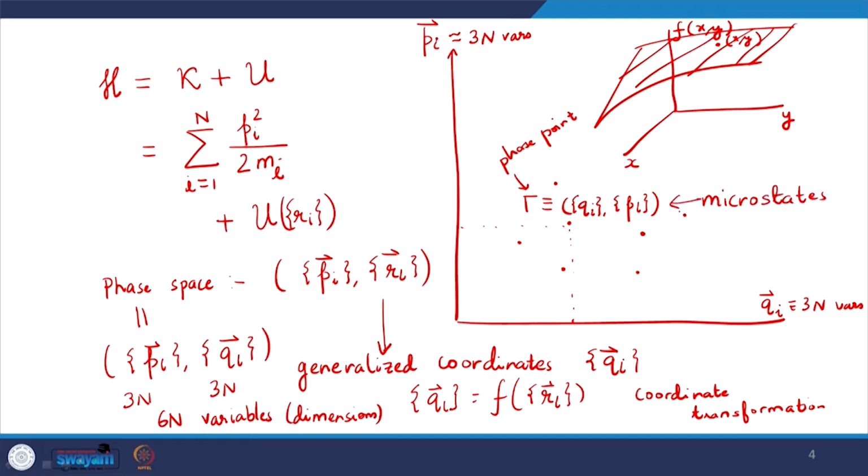So, if I look at any molecular system at any given time, I may have a particular value of the momenta and the coordinates, and that will correspond to a point on this plot I have drawn. That will be a phase point gamma. So, gamma will represent the state of the system at any given time, and that will clearly change with time.